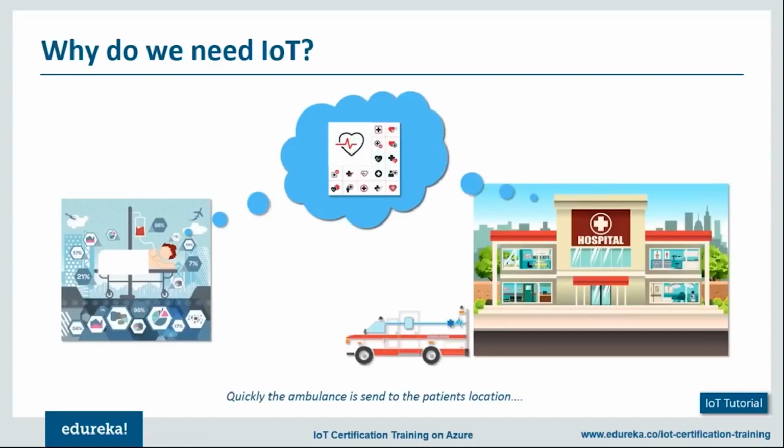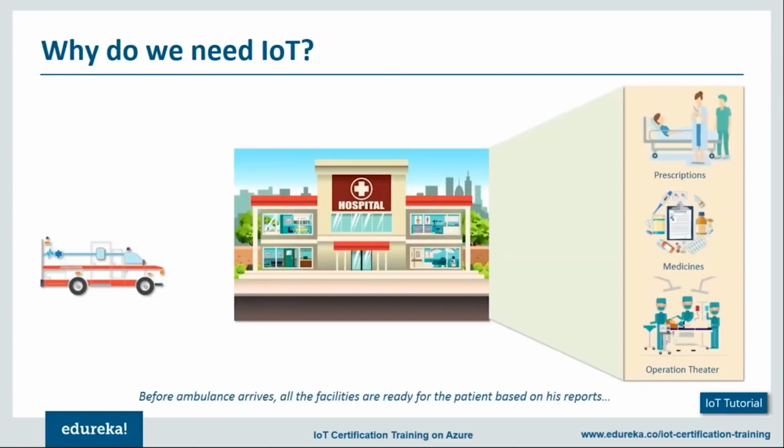Now, meanwhile, once the patient has been picked up and brought back to the hospital, there could be prescriptions, there could be medicine, there could also be an operating theater made ready in case of an emergency situation as well. There'd be doctors on standby who have the complete history of the patient, who have the complete details of the present condition of the patient as well. So this in turn brings in a lot of transparency and reduces a lot of effort and time involved.